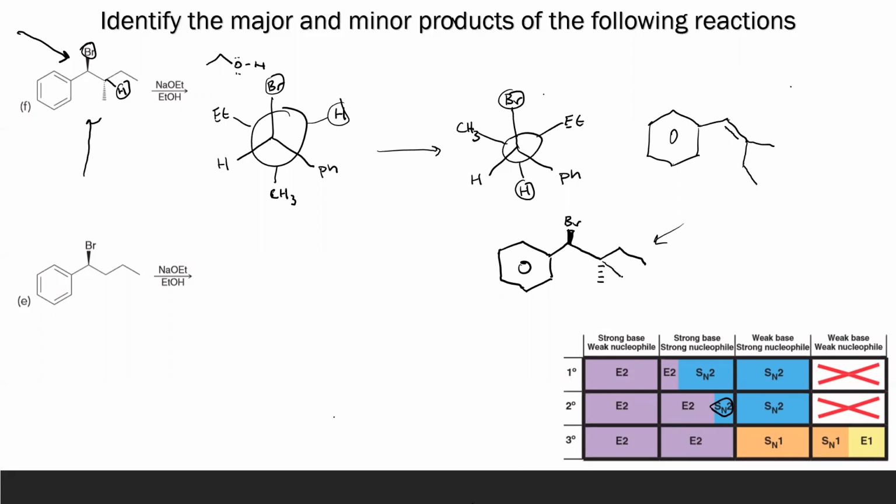I'm going to draw on your proton, and you can rotate these guys so that you get something like that. And then finally, rotate the other side of the molecule.